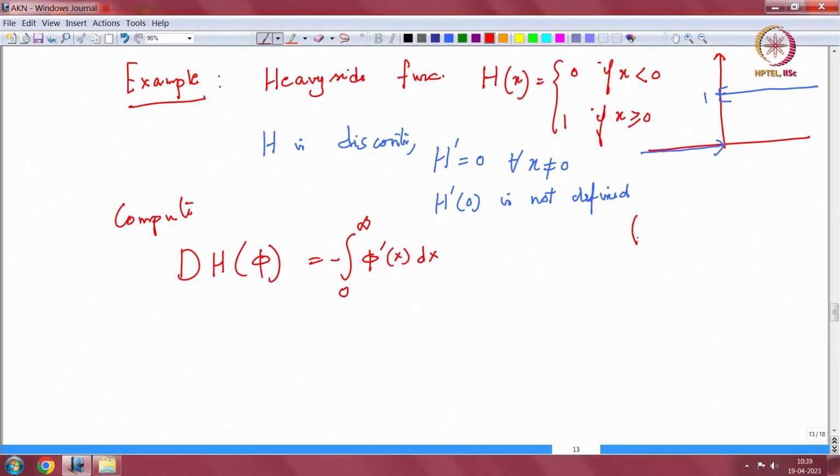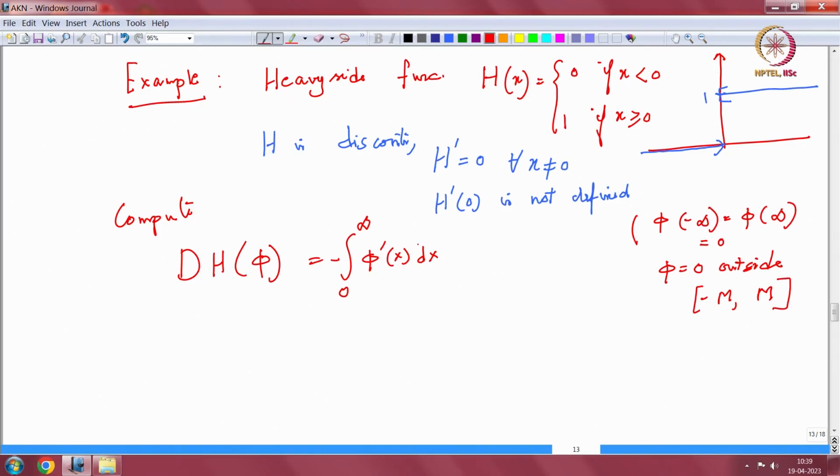Now recall, phi has compact support, therefore phi at minus infinity, if you want to call it, is a bit of an absurd notation because phi is not defined there. But you can say that phi is equal to 0 outside a compact interval, say outside of minus m to m. That is the better way of telling it is 0.